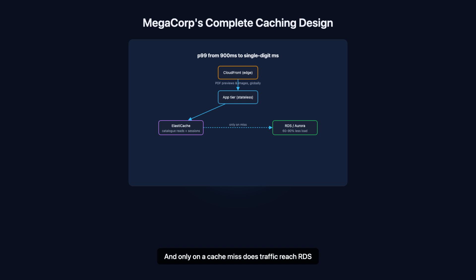And only on a cache miss does traffic reach RDS or Aurora underneath, which is why the database now carries 60 to 90% less load. Put together, MegaCorp's tail latency falls from over 900 milliseconds to single-digit milliseconds for cached requests.